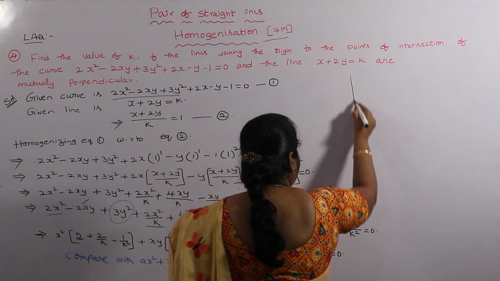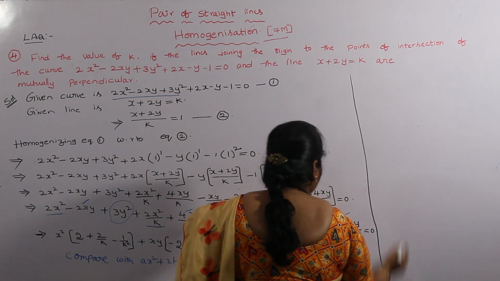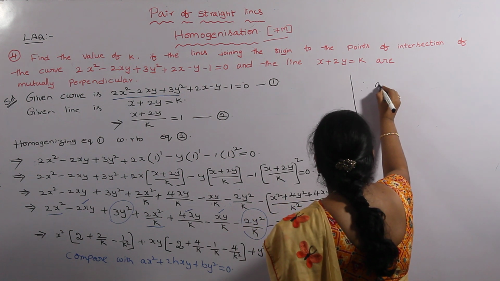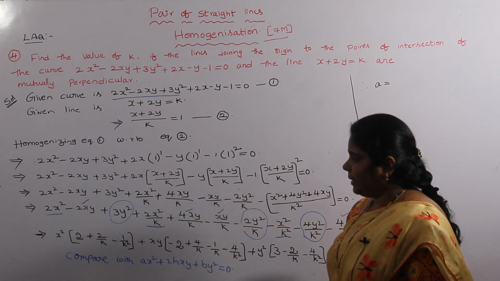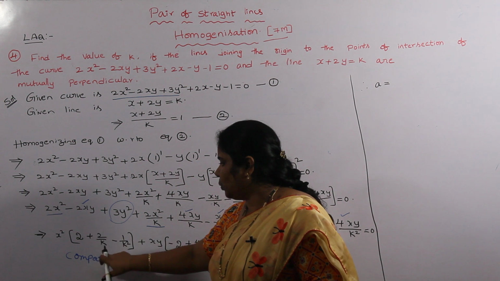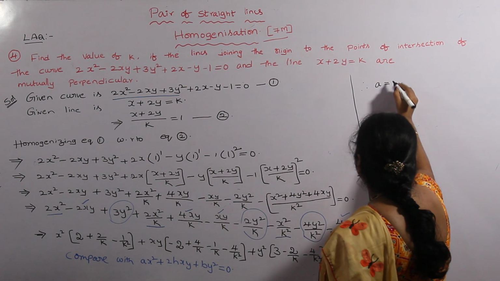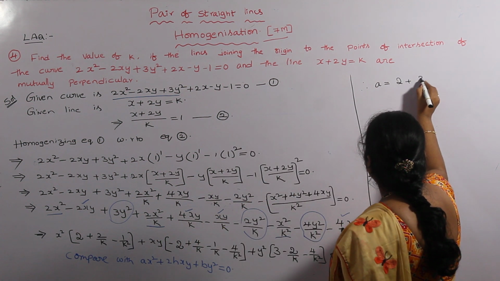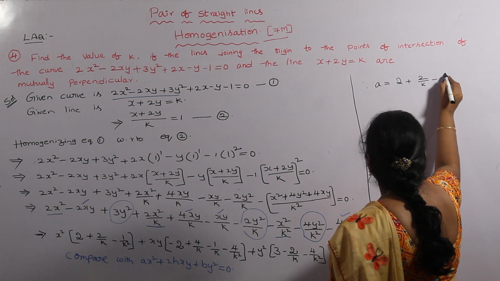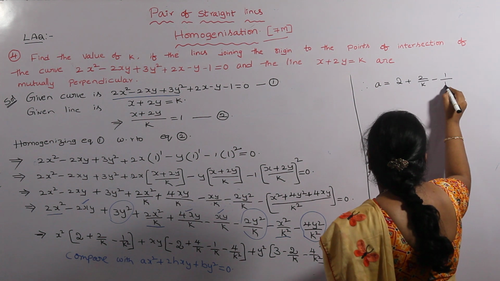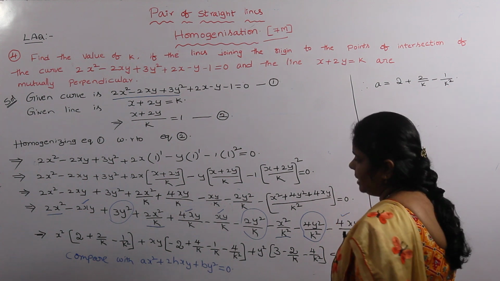Therefore a = 2 + 2/k − 1/k². This is the small a.